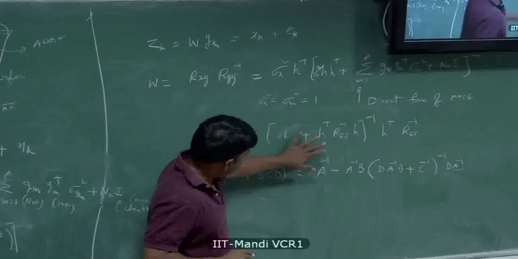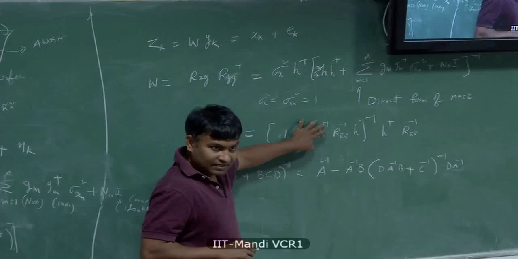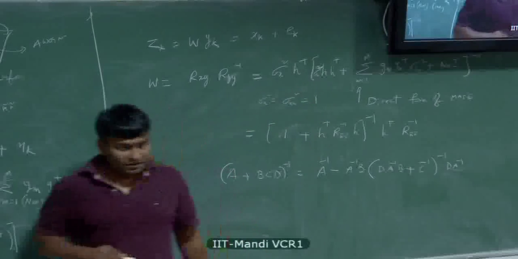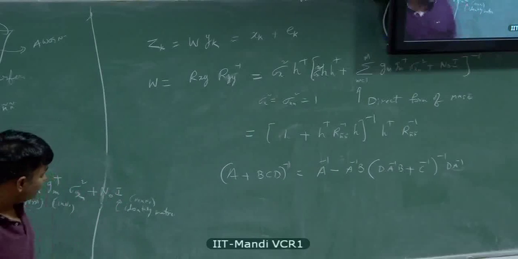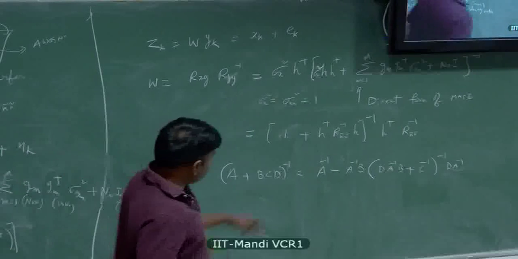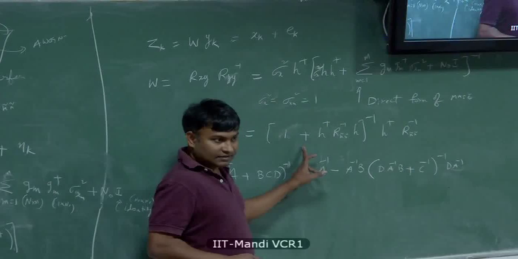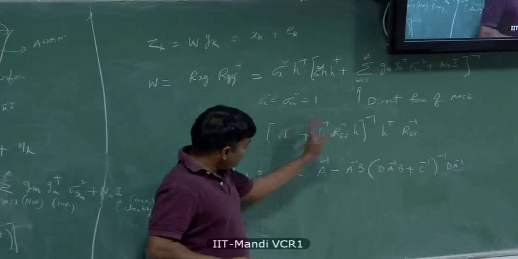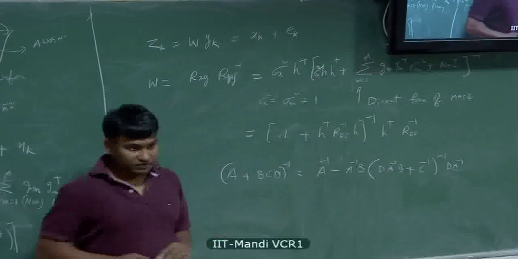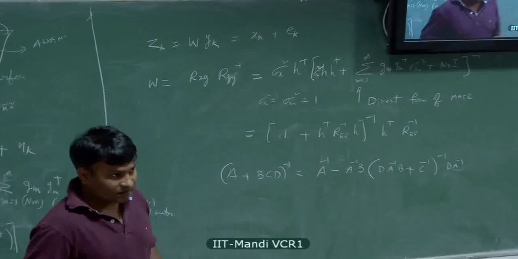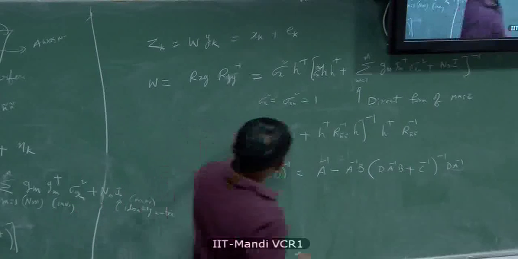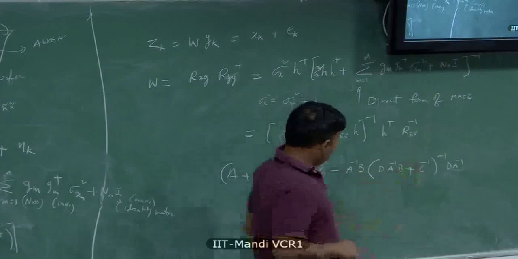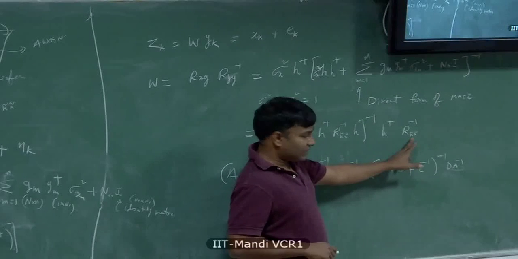But we will use this expression for implementation rather than this. There is a reason for that. The reason is that this is a scalar, and this type of receiver is much more intuitive. Here there is a vector and there is a matrix inverse. Here there is also a vector and a matrix inverse.